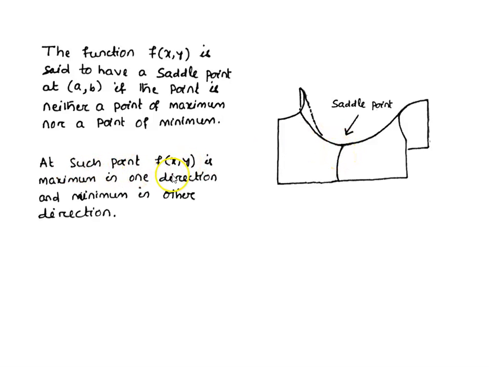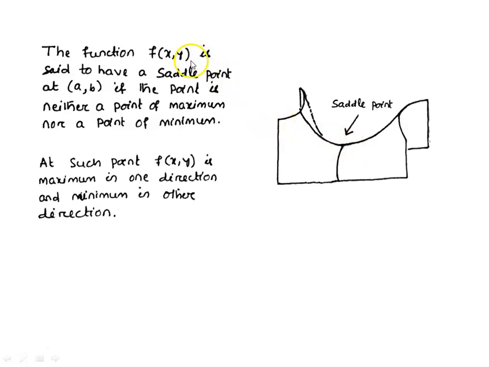At such a point, the function f(x,y) is maximum in one direction and minimum in the other direction. We can see here that in this direction, this point is the point of minimum, and in this direction, this point is the point of maximum.